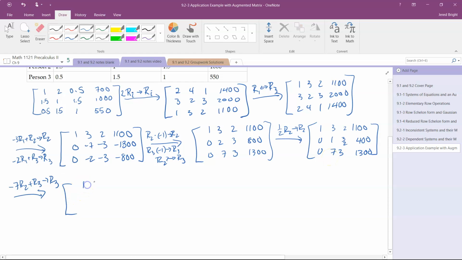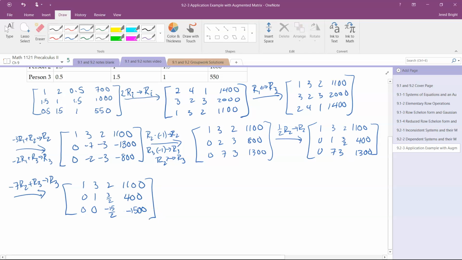And that leaves the first 2 rows unchanged. And so then I get 0, 0, 7 times 3 halves, and then minus 3 is -15 over 2, and then, let's see, -2800 plus 1300 is -1500.